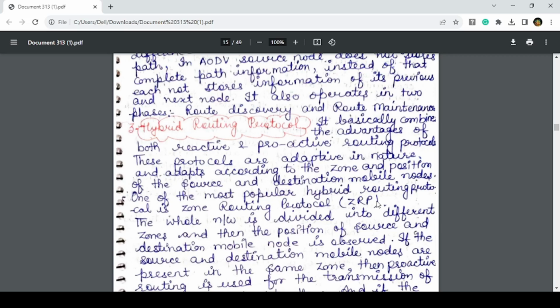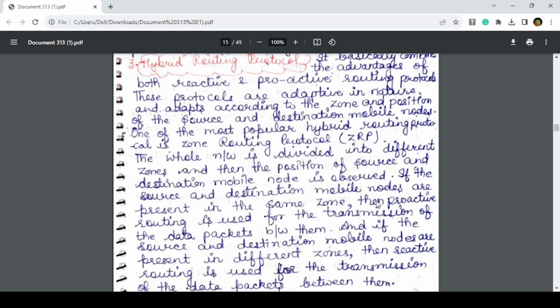The whole network is divided into different zones, and then the position of source and destination mobile nodes is observed. If source and destination mobile nodes are present in the same zone, then proactive routing is used for the transmission of data packets between them.